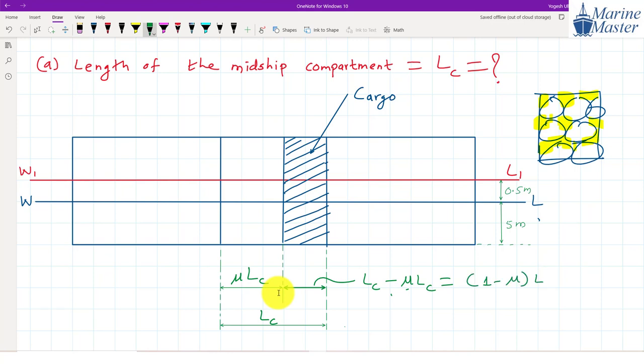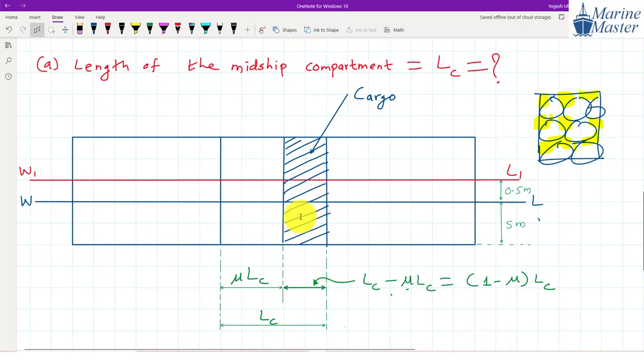Can we say this length is LC minus mu LC, and we can take LC common, so we remain with 1 minus mu LC, guys. So this length will become what?